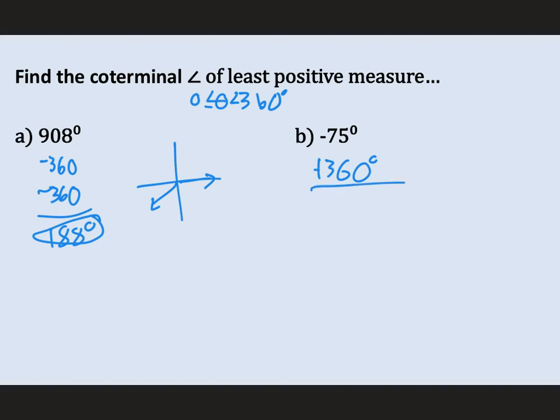That'll give us a positive 285 degree angle. So if we were to think about that, a positive 285 degree angle is somewhere over here in quadrant 4. So that would be going around this way, positive 285 degrees. And it makes sense that going negative 75, not quite a right angle, would get us to that same position.